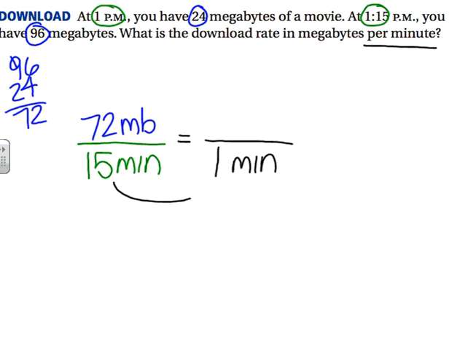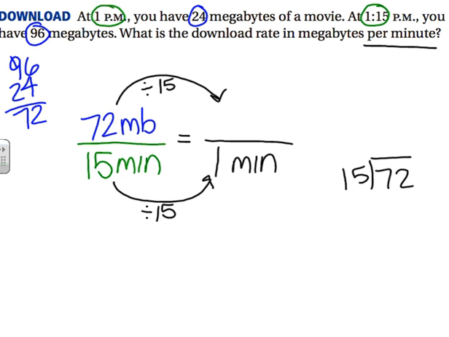Okay, now to find my unit rate, I want to know per 1 minute. And now I'm just going to simplify this fraction. So 15 divided by 15 is 1. So I need to do 72 divided by 15. Okay, I can set that up, 72 divided by 15. And 15 goes into 72 4 times. 4 times 15 is 60.